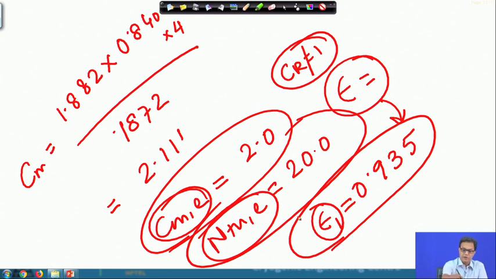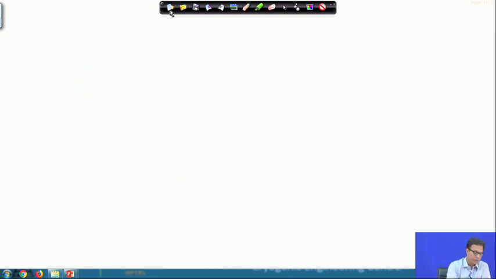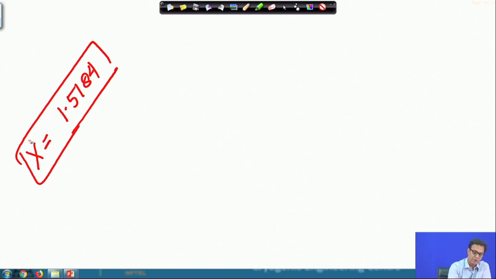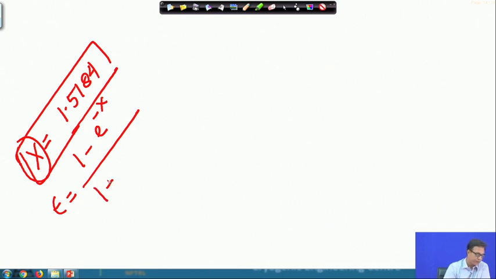So, as we have said earlier that based on this value we will be calculating the parameter x, and that parameter x comes out to be 1.5184, and you already have been told about the expression of x, and from there if we now put the value of that one, and the corresponding epsilon would be 1 minus e to the power minus x divided by 1 minus CR into e to the power minus x.